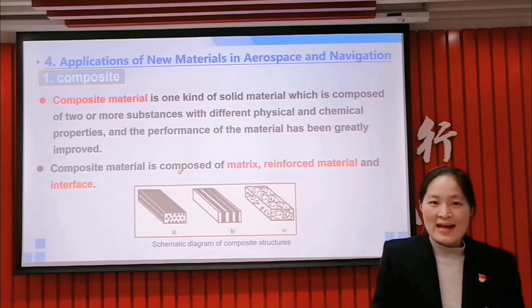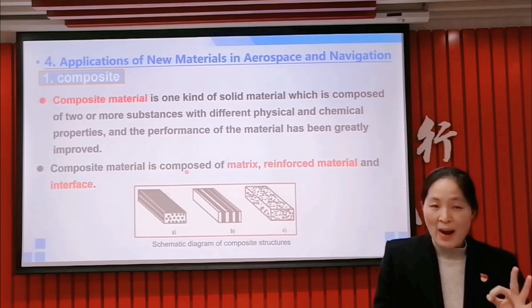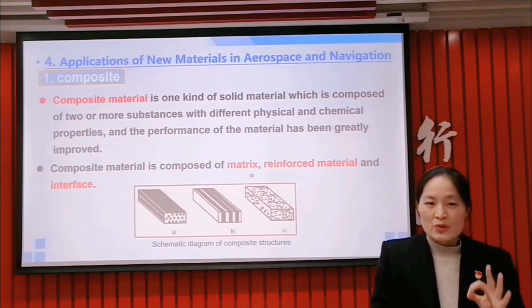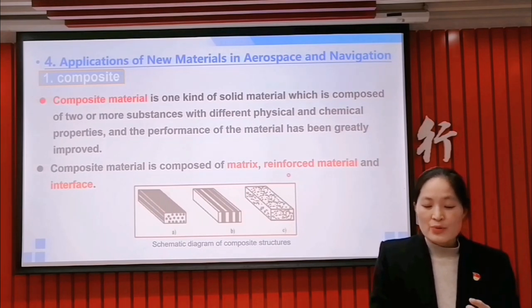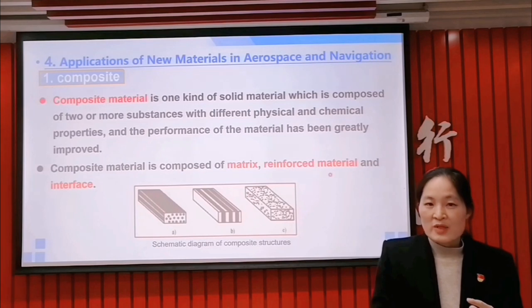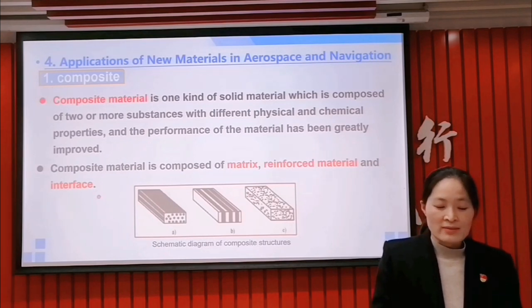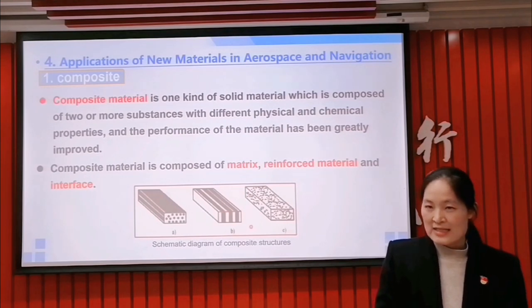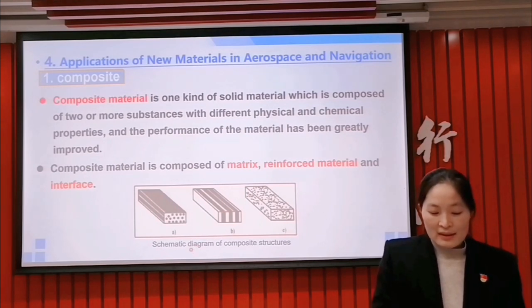Composite material is composed of 3 parts. One is matrix, two is reinforced material, and the third one is interface. This picture is the schematic diagram of composite structures.